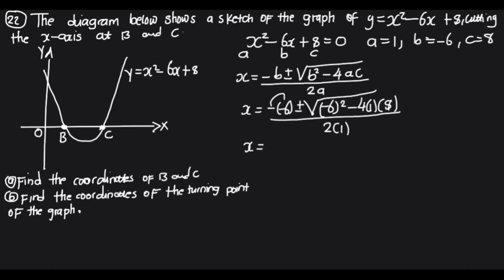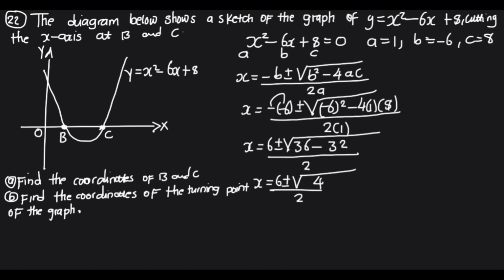So negative times negative, we have positive 6 plus or minus the square root of negative 6 squared, which is negative 6 times negative 6, positive 36. Then here we have minus 4 times 1 is 4, 4 times 8 is 32, over 2 times 1 is 2. So x is equal to 6 plus or minus the square root of 36 minus 32, we get 4, over 2.